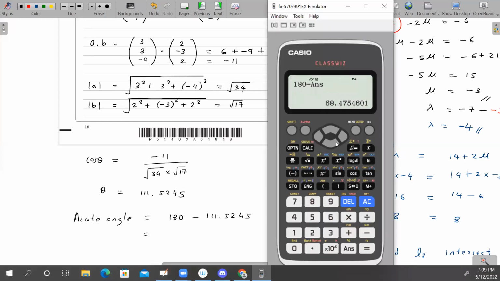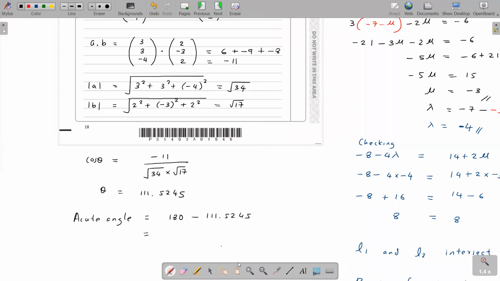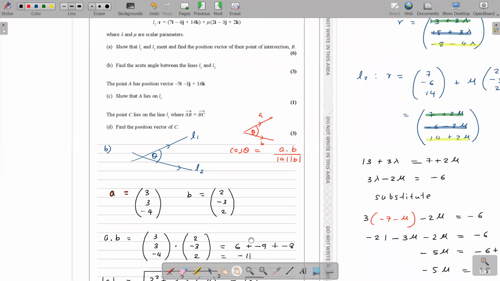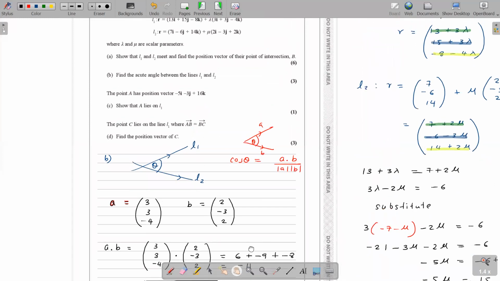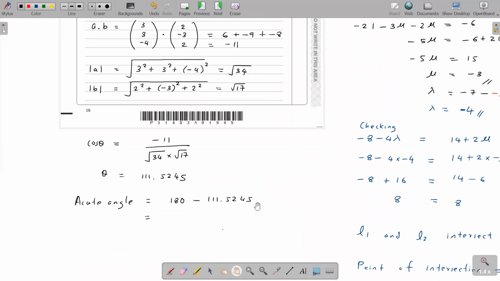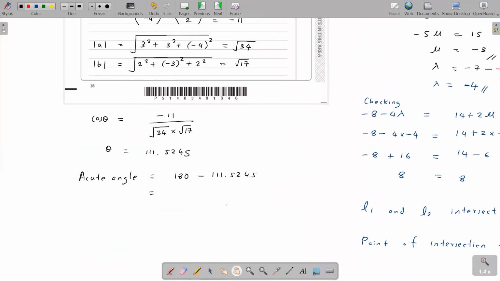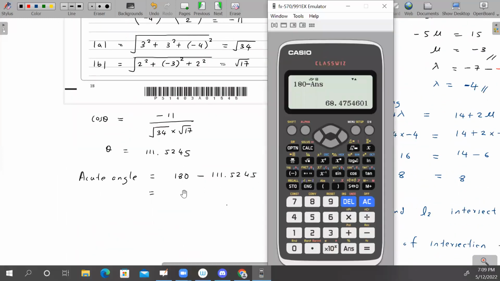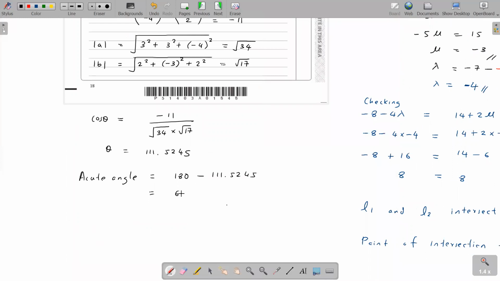So 180 minus answer, 68.475. They don't mention the degree of accuracy here, so you can keep it to 3 significant figures in that case. So 68.5. So 68.5 to 3 significant figures. Is that okay?